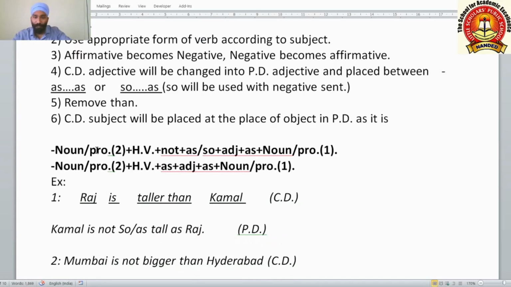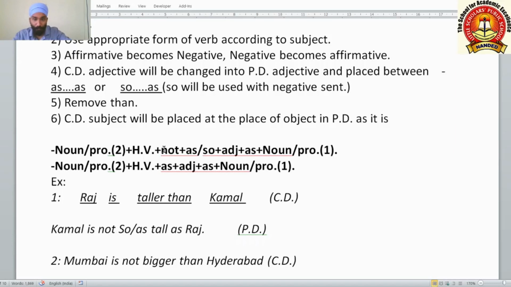This is the formula for that. Noun or pronoun two means that object became subject here, and thereafter helping verb, not, as or so depending upon the sentence, thereafter adjective plus as, this adjective will be in the first form means positive degree, thereafter noun or pronoun one means the subject which was the subject now became object.